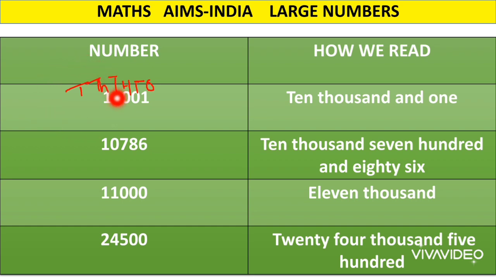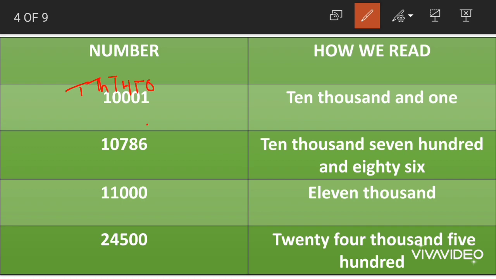The newest place value we have learned. 1 is at 10,000's place, so the place value of 1 becomes 10,000, and then we have 1 at ones place, whose place value becomes 1. So we read this number as 10,001. The next number we have is 10786.